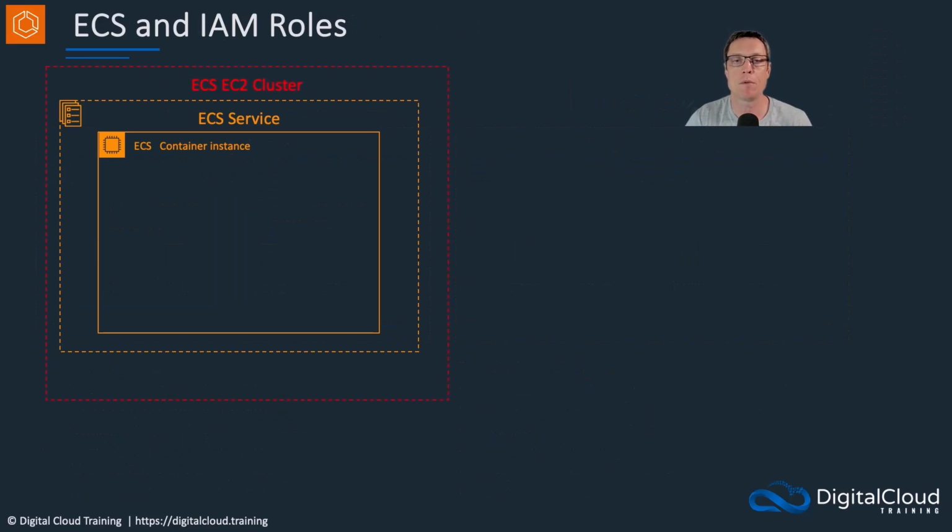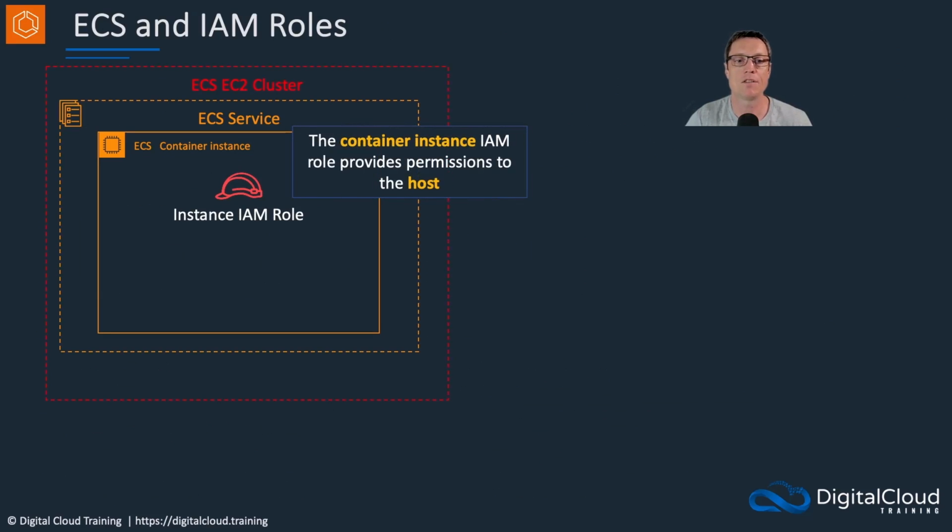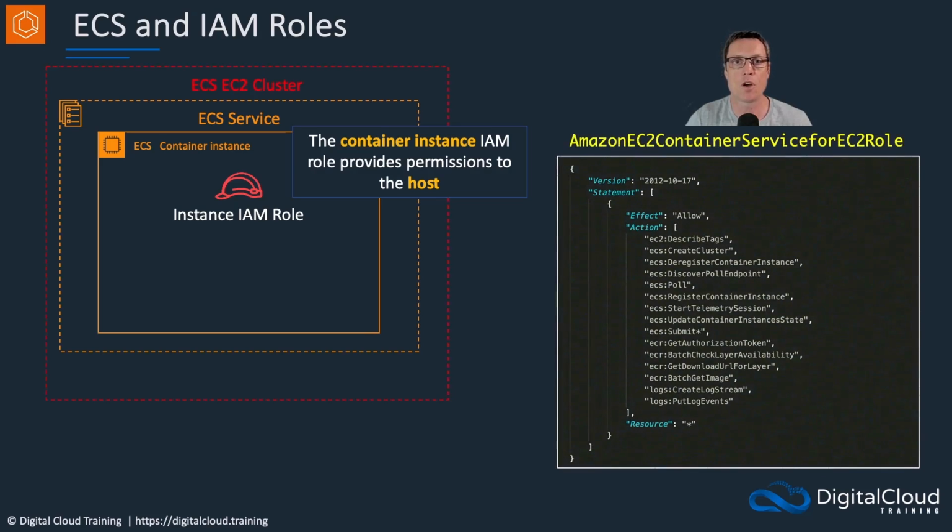We need to provide permissions to our container instances and our tasks. For the container instance, we can attach an instance IAM role. The container instance IAM role provides permissions to the host. And here's an example of a managed policy that you can utilize to create this role. So this provides some permissions to ECS. So it means that the EC2 instance that runs the container agent is able to then access the ECS service. Then we need to supply permissions to our tasks.